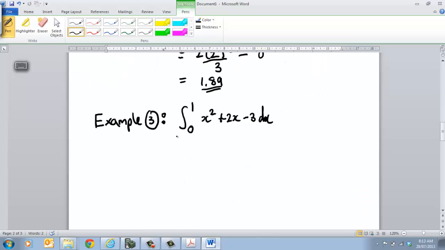Third example we're going to do, it's essentially the same as what we've got before. All we're going to do is do the same thing, but we've now got 3 terms. So the first term is going to become x cubed all over 3. The next one's going to become 2x to the power of 2 all over 2. Take 3x to the power of 1.